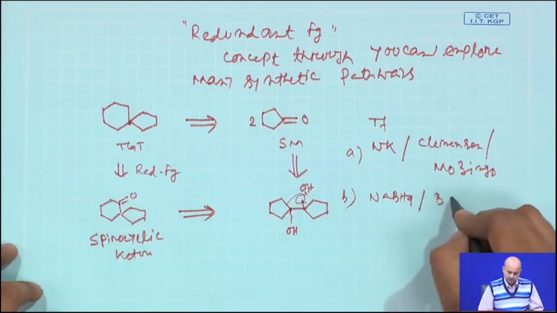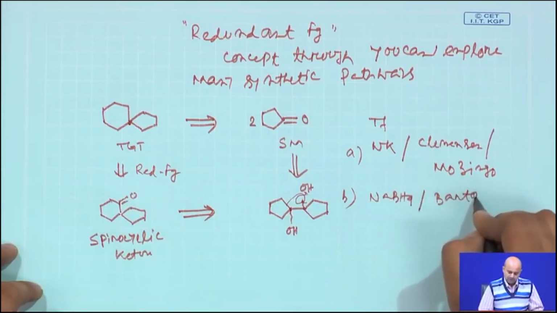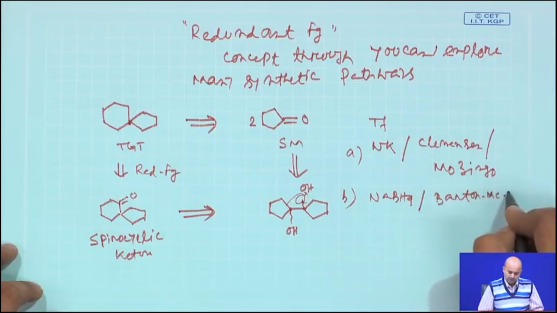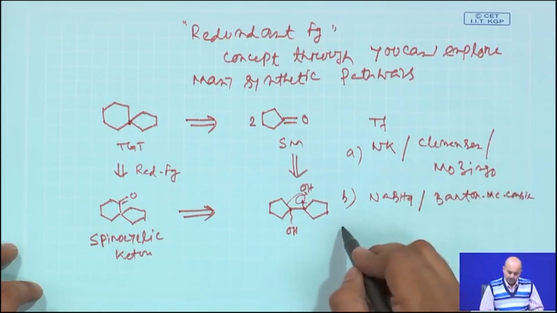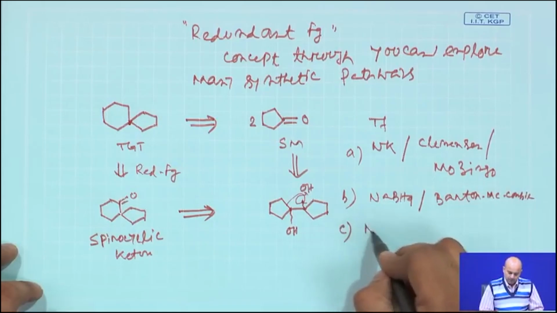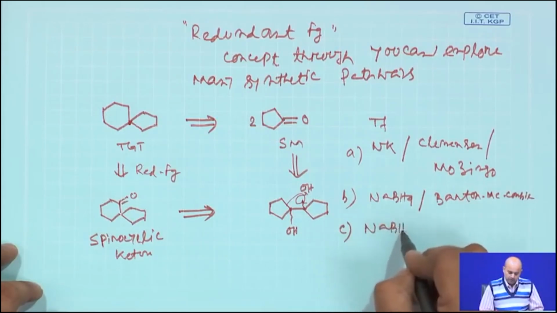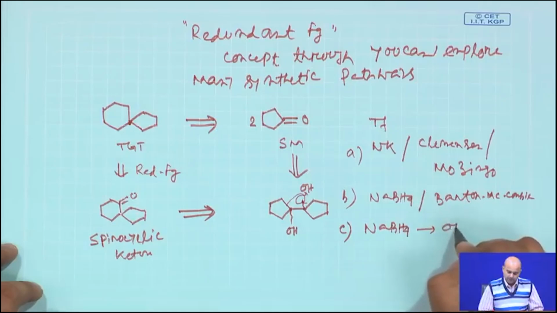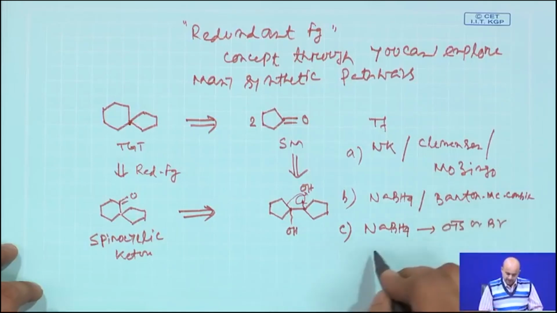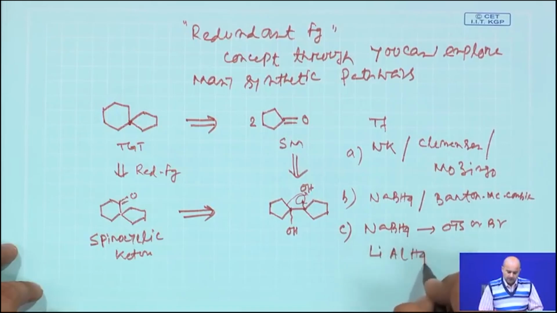You can then do the Barton-McCombie, fine, or even you can do it the other way: reduce it with sodium borohydride and then convert the alcohol to the corresponding tosylate or bromide, and then use lithium aluminium hydride as your hydride source.